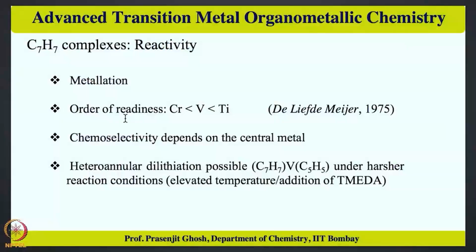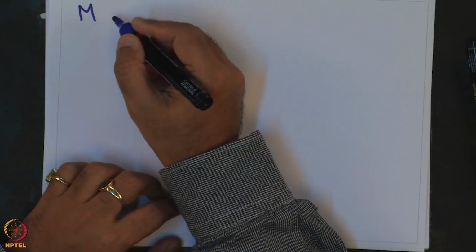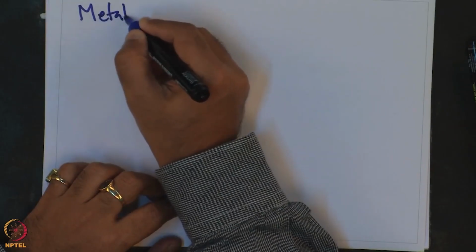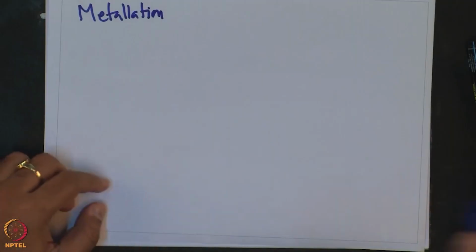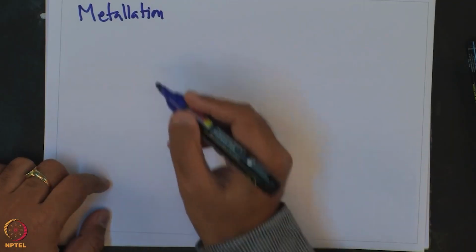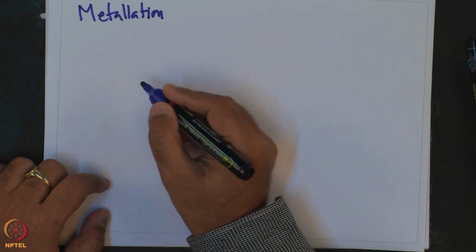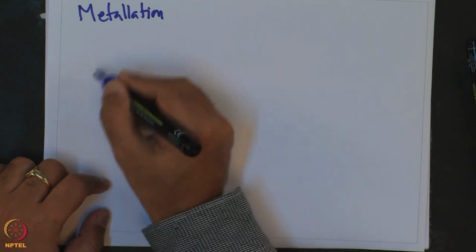So, we are going to take a look at the metallation of the C7H7 complexes, an interesting reaction that the C7H7 transition metal complexes exhibit, and the order of readiness is chromium less than vanadium less than titanium.